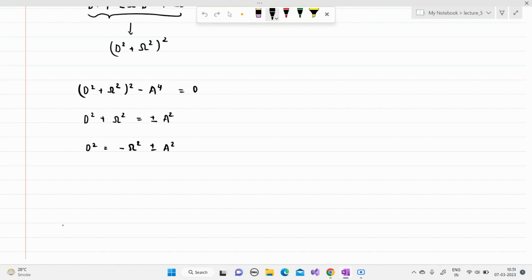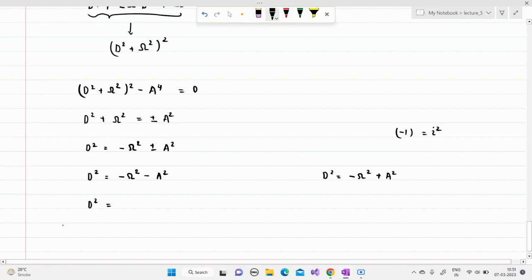Okay, so we'll get two equations, taking the plus and minus signs separately: D square equals minus omega square minus a square, and D square equals minus omega square plus a square. Now we know that we can write minus 1 is equal to i square. So here in D square, taking the minus common, it becomes i square, (omega square plus a square).